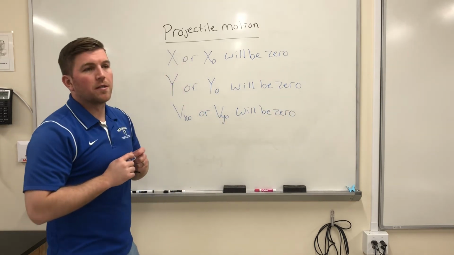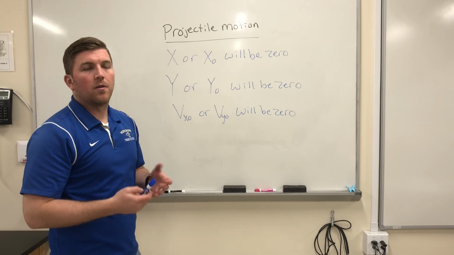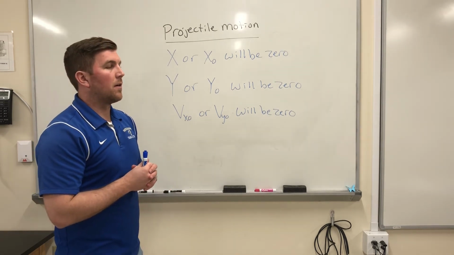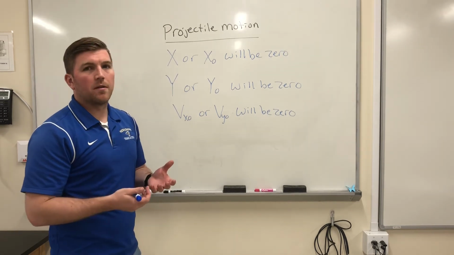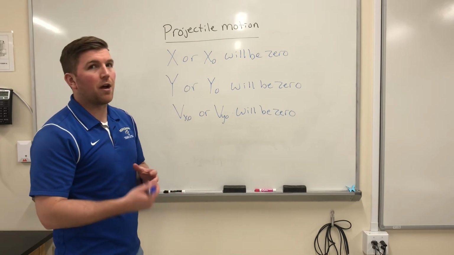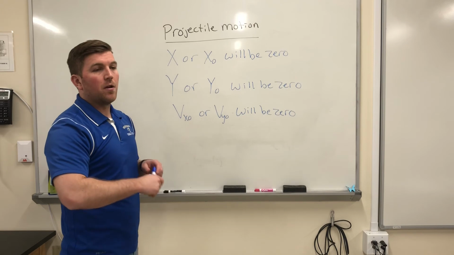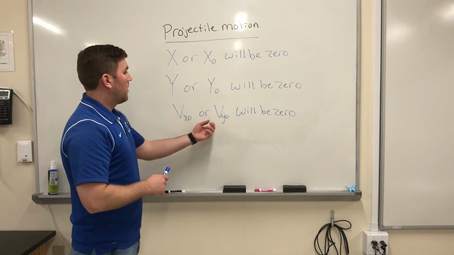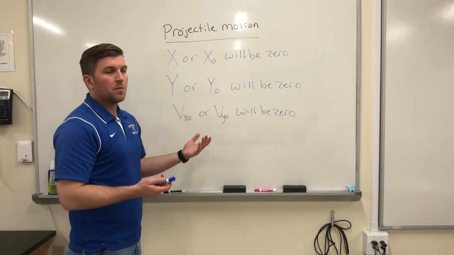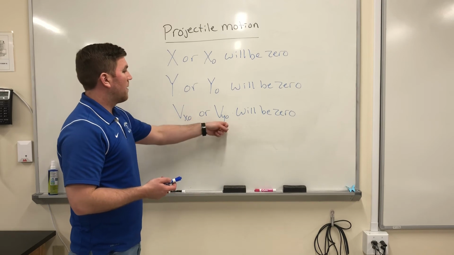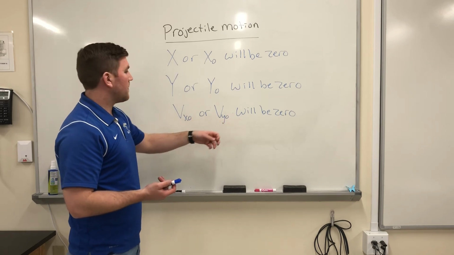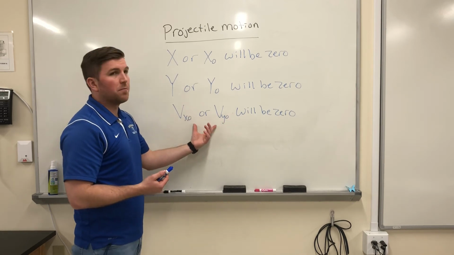If they use the words like started from rest, or it was shot horizontally, or it was shot vertically. If it was perfectly up or perfectly down or perfectly horizontally, we know the other one is 0. If I shoot something perfectly horizontally, that means that VYO is 0. If something started from rest, then they're both 0.